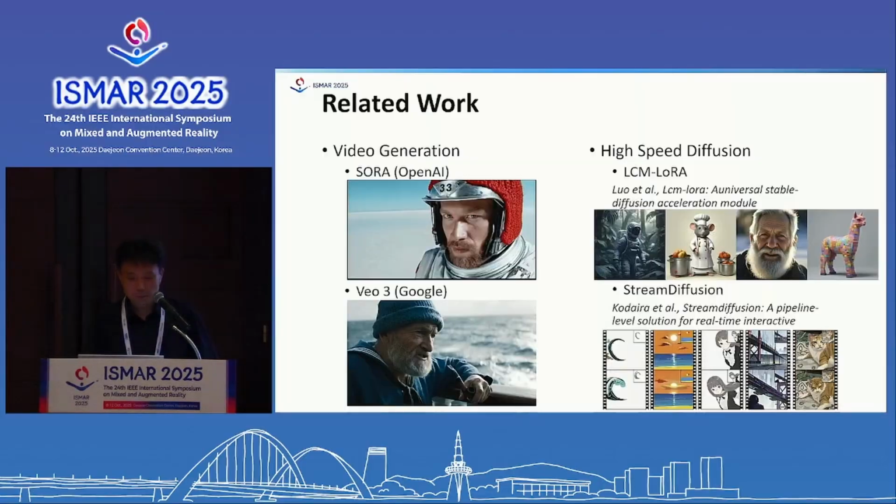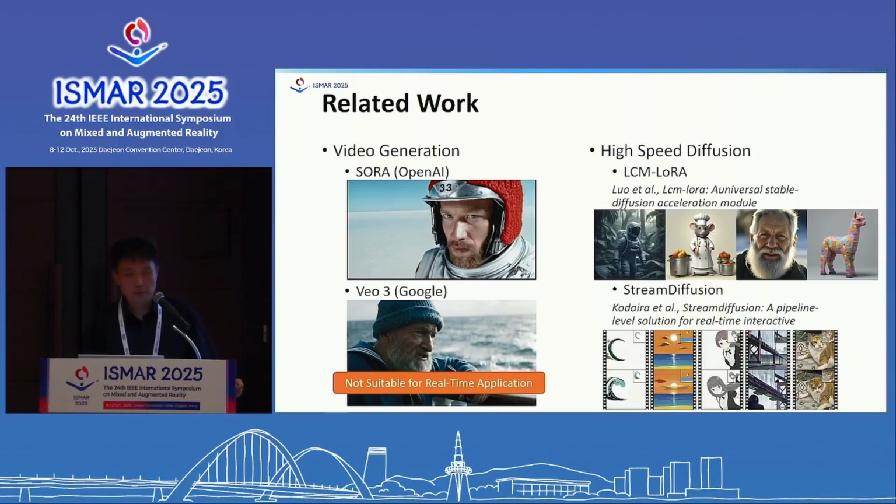As you are very familiar, state-of-the-art video generation models like OpenAI Sora and Google Veo 3 produce surprisingly high-quality videos. However, these technologies are designed for offline generation, taking minutes or even hours per video. They are simply not usable for real-time applications. Several research efforts have focused on accelerating diffusion models.